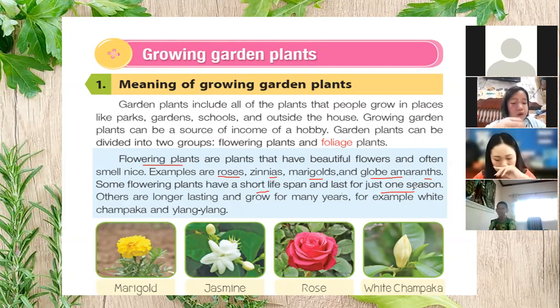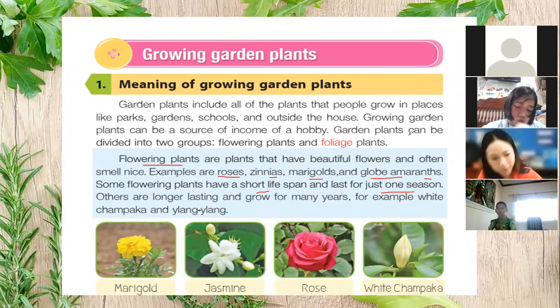Others are longer lasting and grow for many years. So some of the flowering plants have a long life, and they can last for many years. For example, white champaka and ylang ylang. So these are the flowers which have a long life. They last more than one season, or they can last for many years.